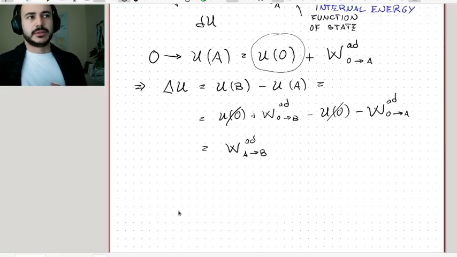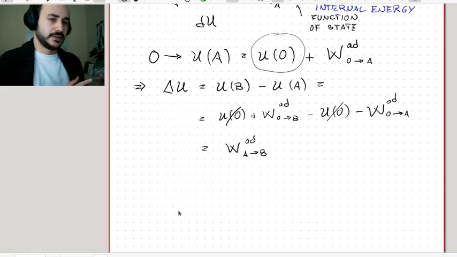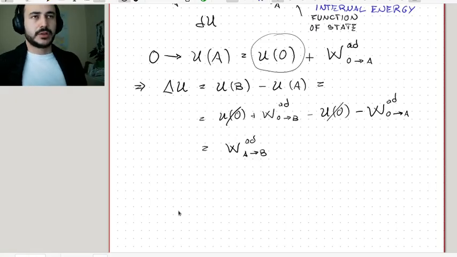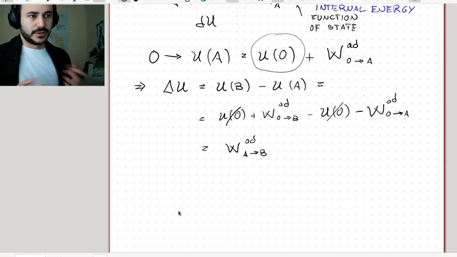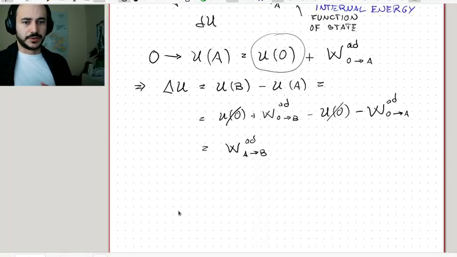Because I'm saying that internal energy, which is a true thermodynamic physical property, I'm defining in terms of the adiabatic work it takes to go from one equilibrium state to another. But of course, it must be possible to take one system adiabatically from one state to another. Because if it's not possible, then I should choose another definition, because there could be cases in which I cannot even define the internal energy of a state.